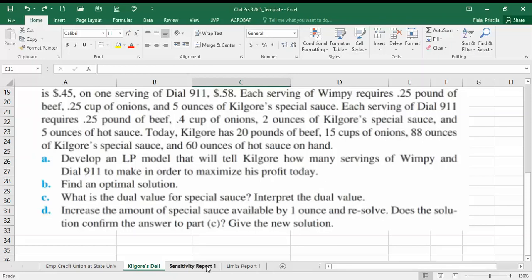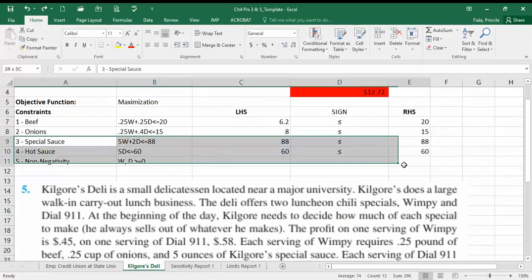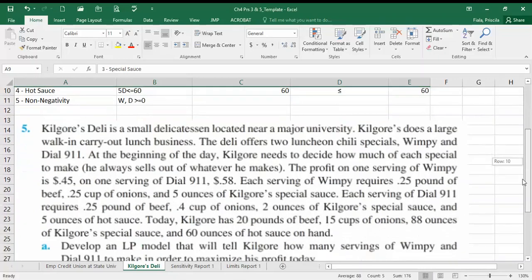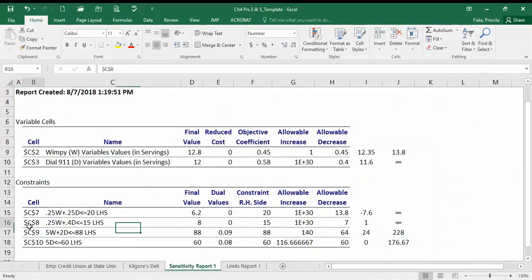So let's go back. So the dual value for special sauce. First of all, which one is my special sauce? Right here. So my constraint number 3 is my dual value, which you could go ahead and rename to special sauce, so you remember.